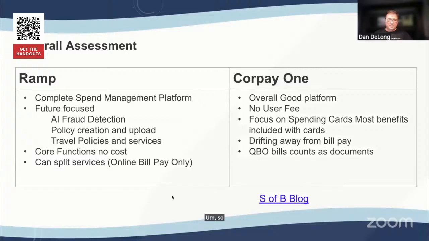So overall, wrapping it up here, I know we're a little bit over, but if you can stay, great. If not, that's fine too. Ramp's a complete spend management platform, and they are future focused.